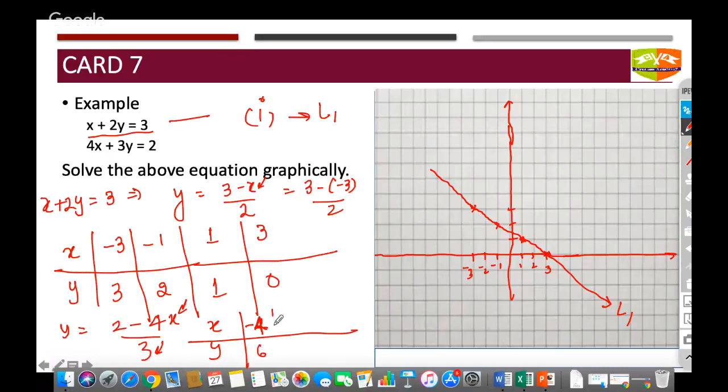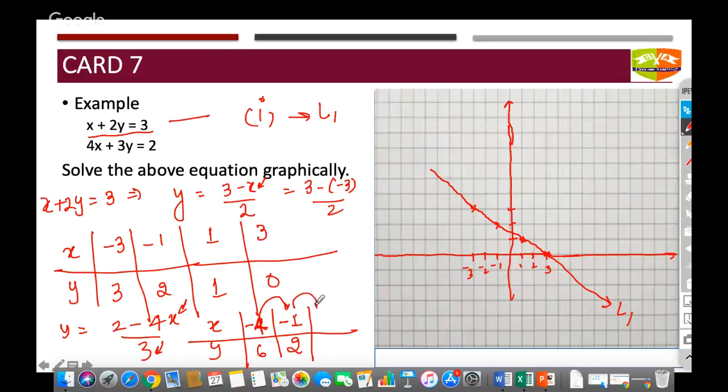I'll get y is equal to 6. Now I know that the values have to be in multiples of 3, so I'll start increasing it by 3. So x is -1. Then -4 into -1 is +4, plus 2 is 6. 6 divided by 3 is 2.